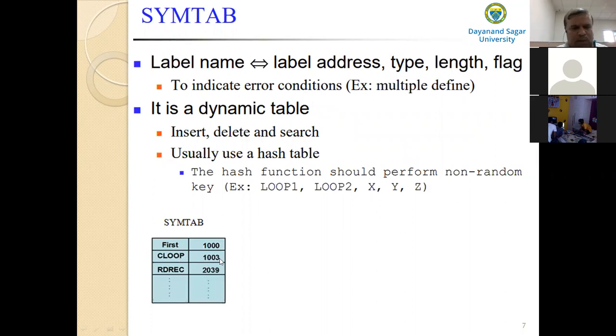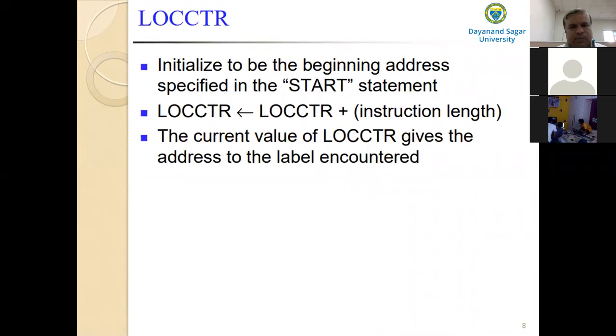This will be available in the variable LOCCTR. So this LOCCTR keeps track of the machine addresses. As each statement is processed, the length of the instruction is added to the location counter to point to the next instruction, and the current value of the location counter gives the address to the label encountered.